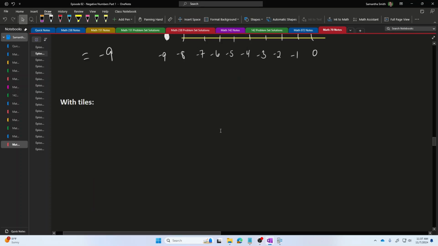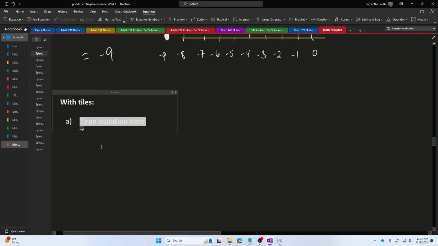Now, another common way to add negative numbers is to use tiles or objects, and to use some tiles that represent positive objects and some tiles that represent negative objects. For example, suppose that I wanted to represent adding together -4 and -2.